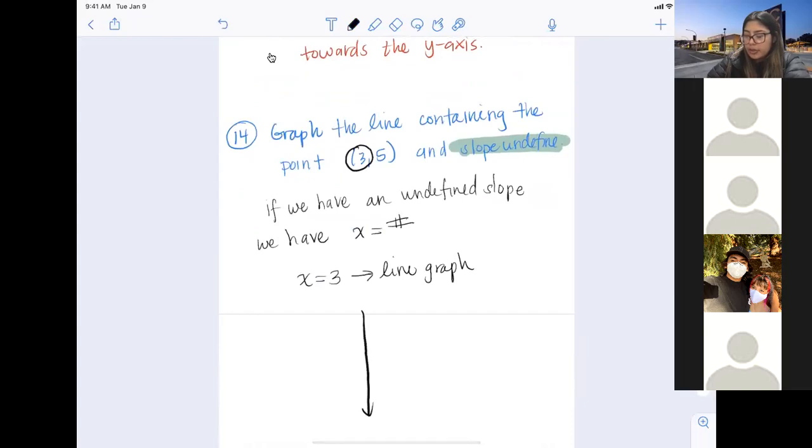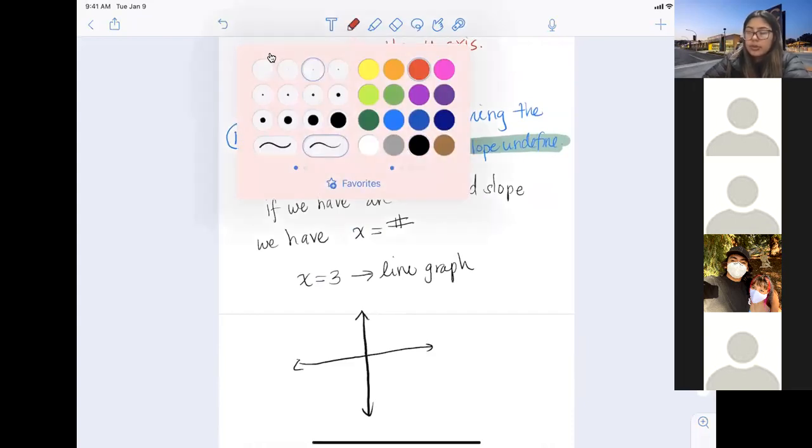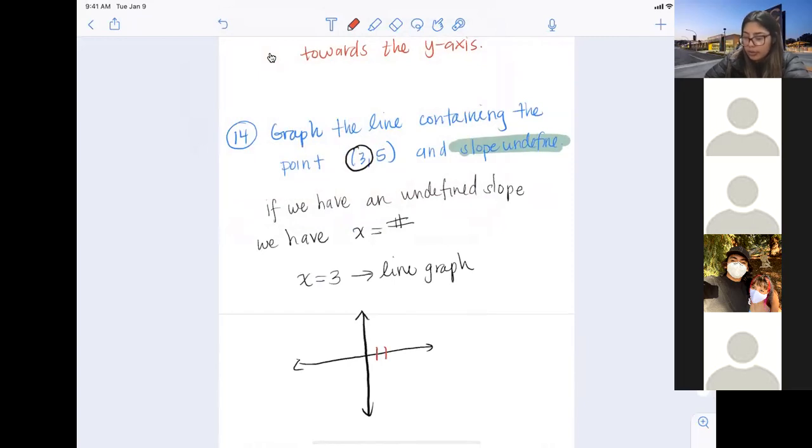So all you have to do is go where x is equal to 3. So you go to your axes, go 1, 2, 3, you put a point, and then you can pick any other point that's either above or below. And you make this vertical line x equals 3. That is the equation, and that is the graph when a slope is undefined.